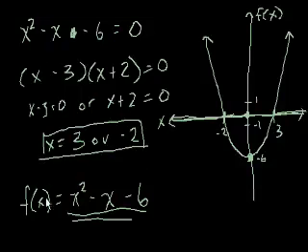But if we said that f of x is equal to this function, we're setting that equal to 0. So we're saying, when is this function equal to 0? Well, it's equal to 0 at these points, right? Because look, this is where f of x is equal to 0. And what we were doing when we solved this by factoring is we figured out the x values that made f of x equal to 0, which is these 2 points. And just a little terminology, these are also called the zeros or the roots of f of x.